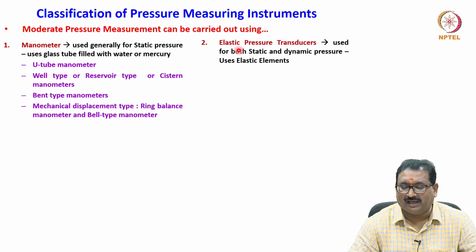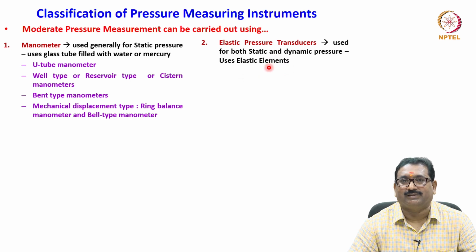Another classification is elastic pressure transducers for measuring the moderate pressure, used for both static and dynamic pressure. These manometers are only for static pressure, while these are for both static and dynamic pressure, which use elastic elements.